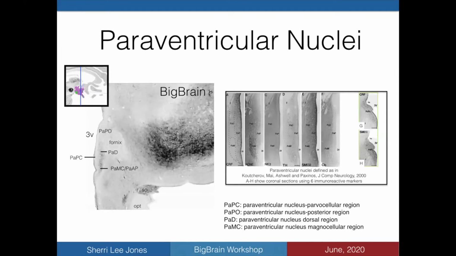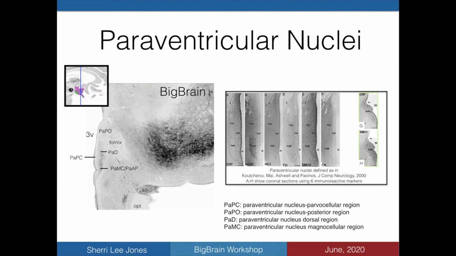So here's an example of how the segmentations were done. This is a zoomed in coronal view at the level of the paraventricular nucleus. On the left is the BigBrain, and you can see the contrast here in grayscale between the different subregions like the magnocellular, the PAMC, the parvocellular region, the dorsal region, and the posterior regions.